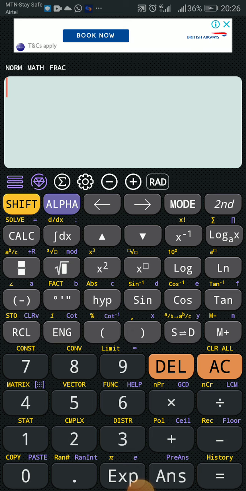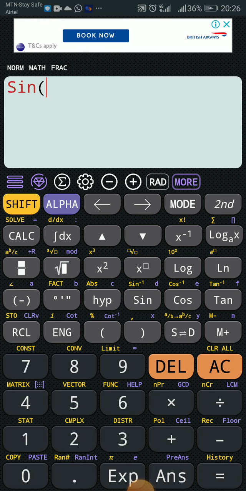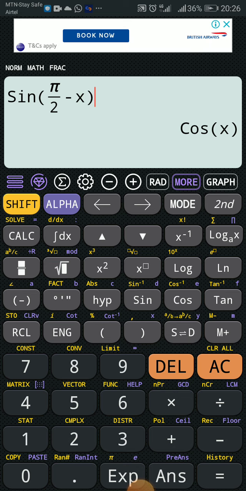So I'm going to do that now. So I have sine pi over 2 minus, so my pi is shift this, then all over 2, I shift my cursor, minus theta. I won't use theta, I'll use x. So to write x now should be alpha x, then I can close the bracket.